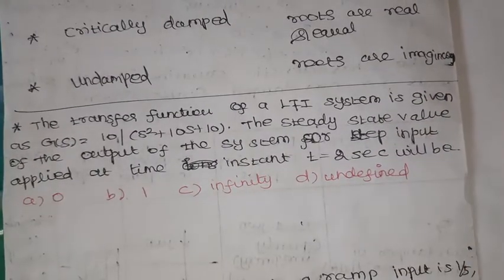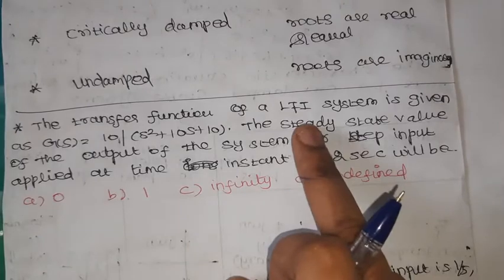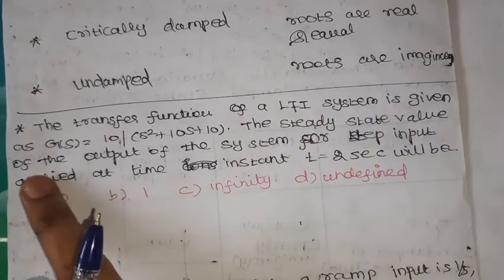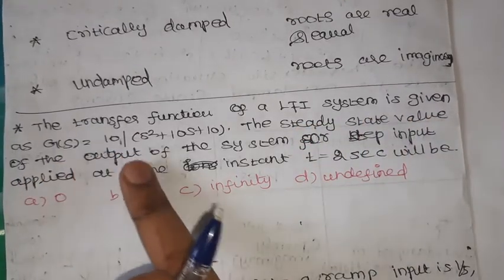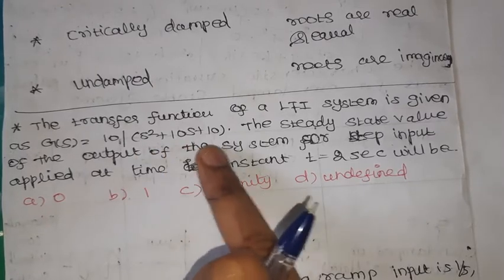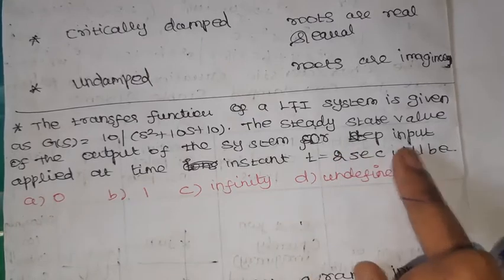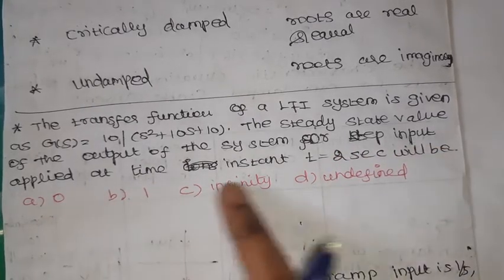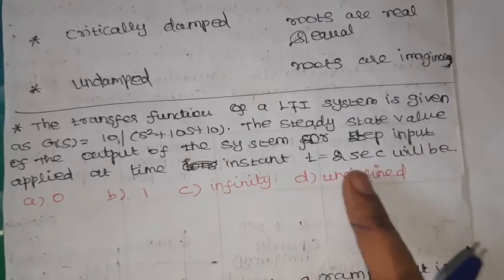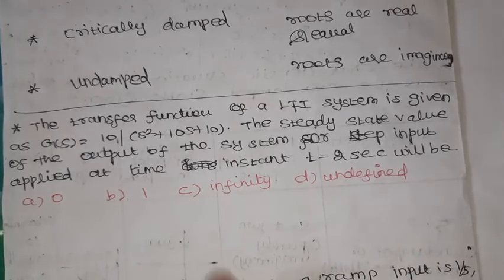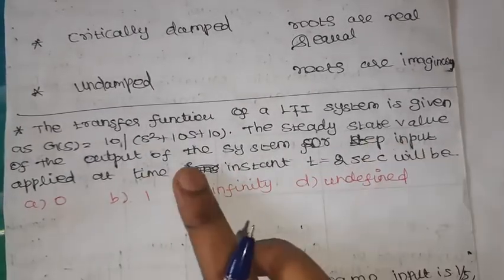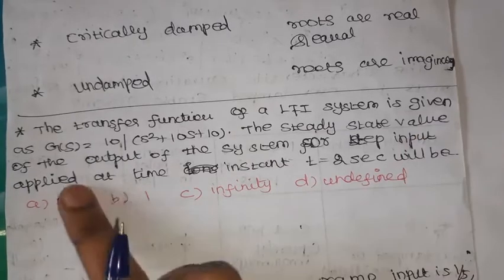The transfer function of an LTI, linear time invariant system, is given as G of s equal to 10 divided by s squared plus 10s plus 10. The steady state value of the output of the system for a unit step input applied at time instant t equal to 2 seconds will be. We need to find the steady state value of the output.